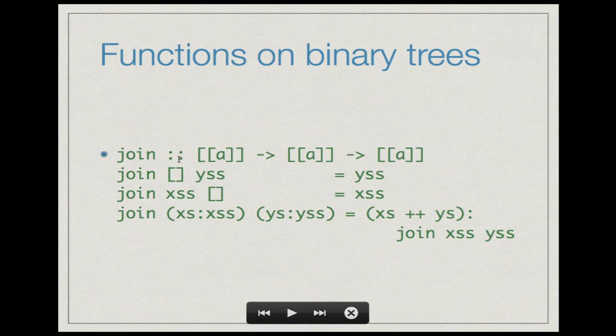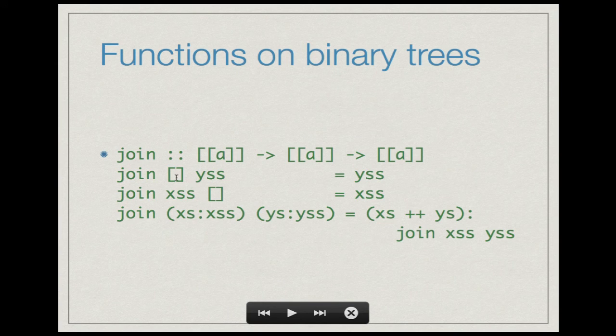Join is a function which has signature list of a, arrow list of a, arrow list of a. Now the function join is very similar to zipWith of plus plus applied to xss and yss, but there is a slight difference in this case. So let's look at the definition in a bit more detail.